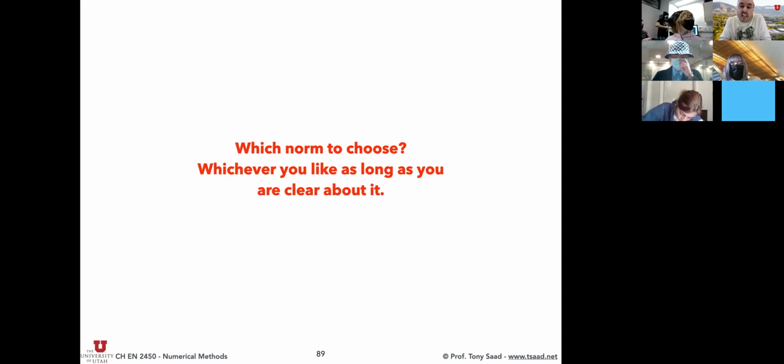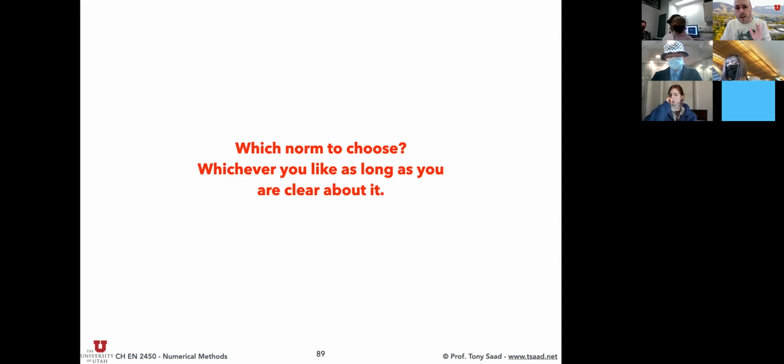Now you can pass this as an option to the solution subroutine. I wouldn't do that. Okay, it's not necessary because that requires expert knowledge in what the subroutine is doing, whereas the subroutine should just solve a linear system of equations up to a desired tolerance. Okay, it shouldn't be the responsibility of the user to know what error norm you're using.